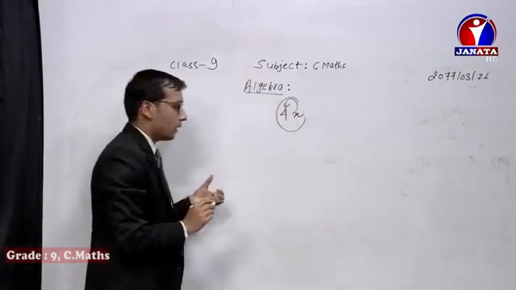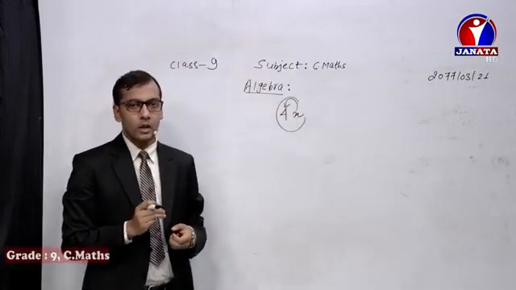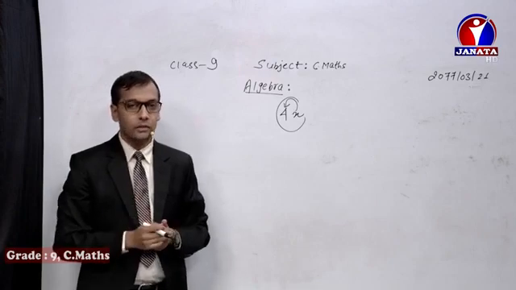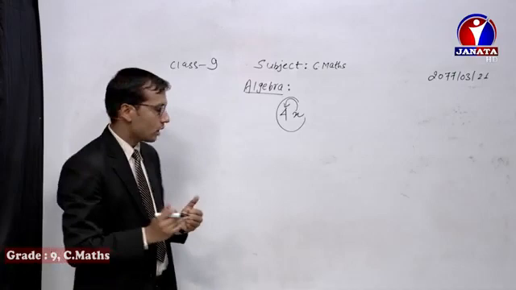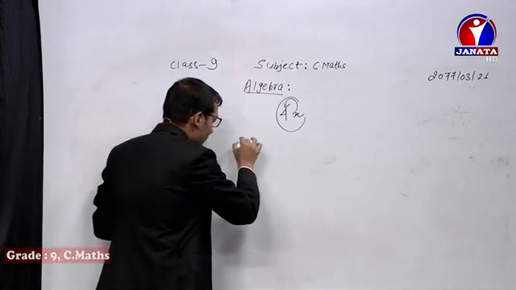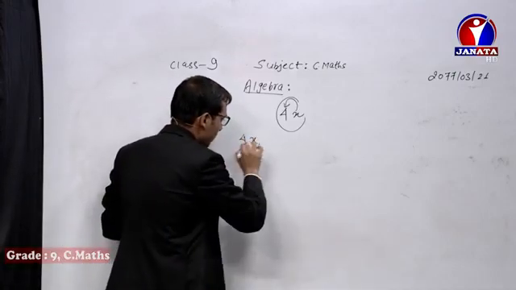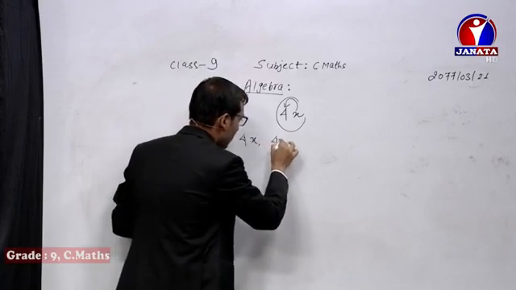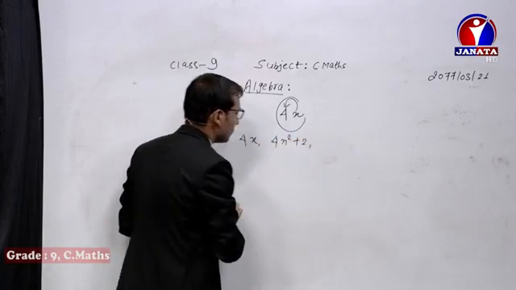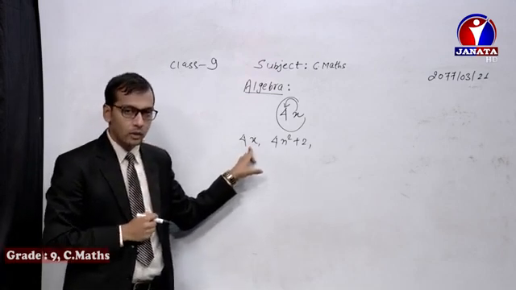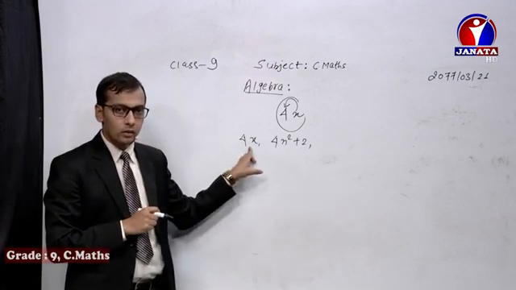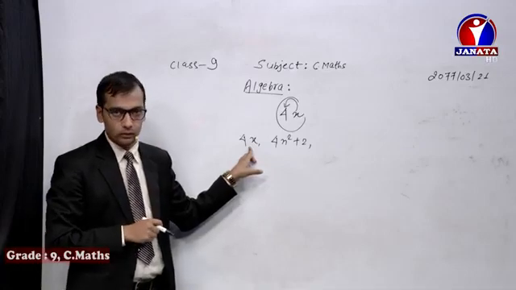Let me talk about what is polynomial and what are the different polynomials that we need to learn. There are different types. I am taking the example: suppose 4x is first, then 4x square plus 2. 4x is a single term, so this is a monomial expression.